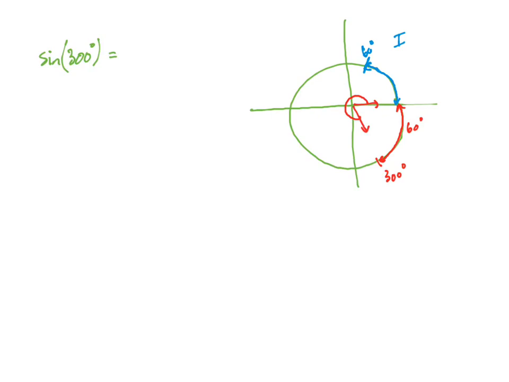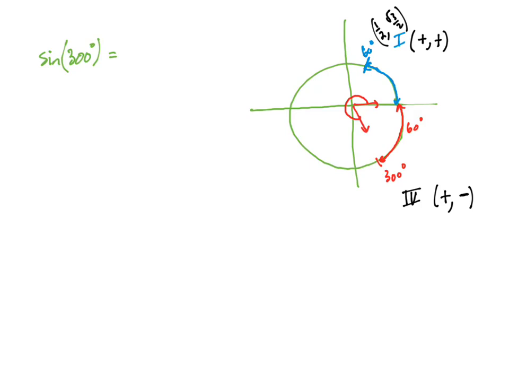We have 1/2 for the x-coordinate, positive root 3 over 2 for the y-coordinate. So when we are in quadrant 1, the first coordinate is positive, the second coordinate is also positive. When we're down here in quadrant 4, the first coordinate, which is x, is positive. The second coordinate, which is y, is negative.